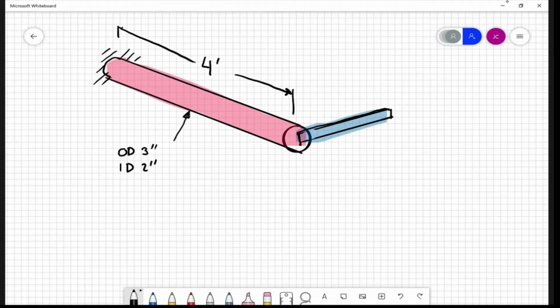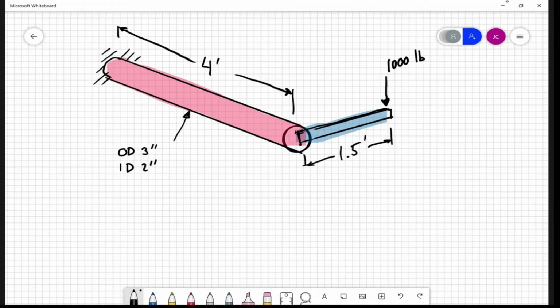All right. And then welded onto the end is this extension arm, which is 1.5 feet. And at the end of this, we have a downforce applied of 1,000 pounds, okay? All right.